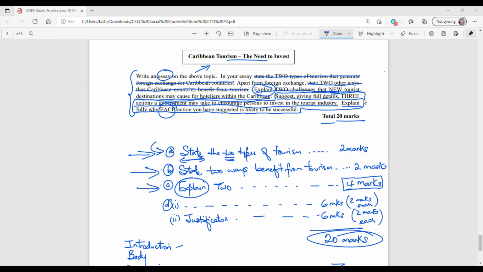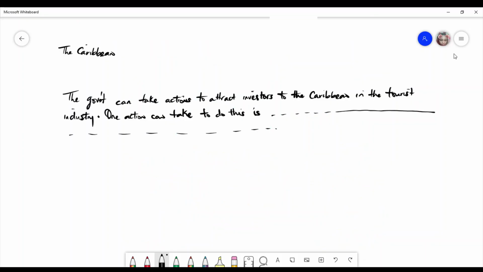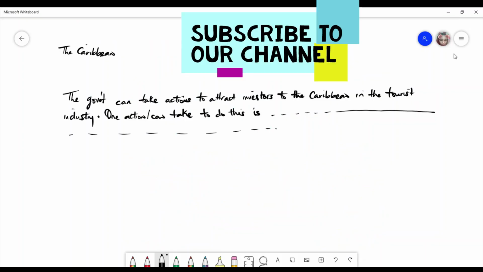I'll just do one. So the government can, let me say they because we mentioned government already. One action they can take to do this is to maintain a stable political climate. Maintain a stable political climate.